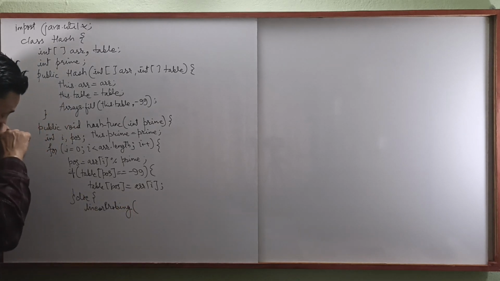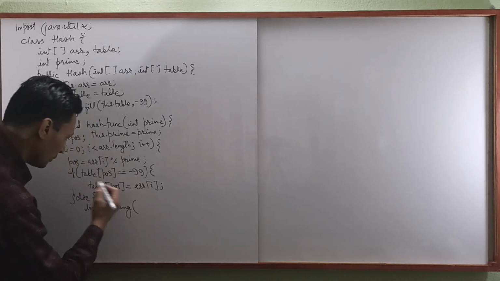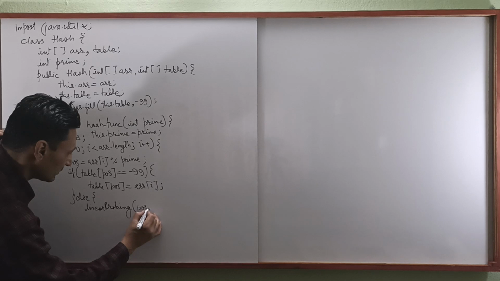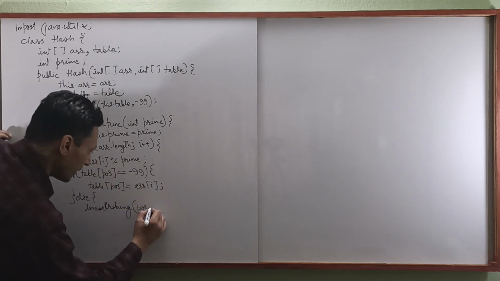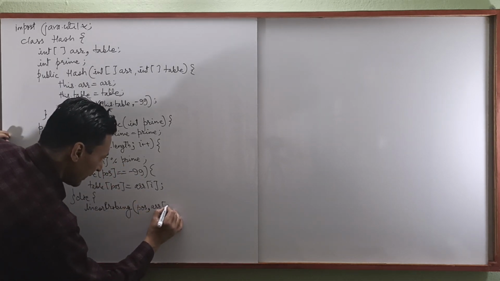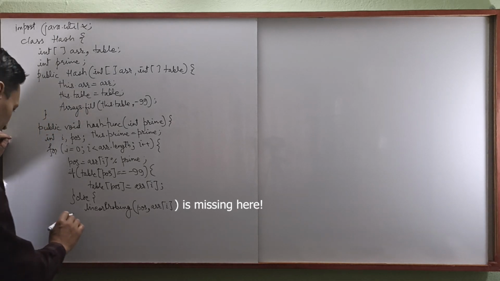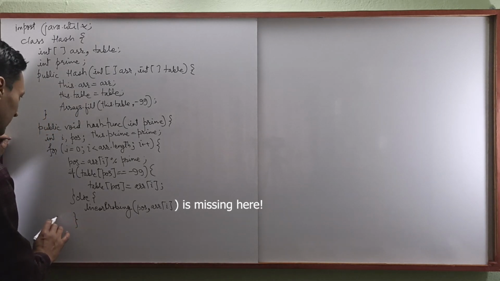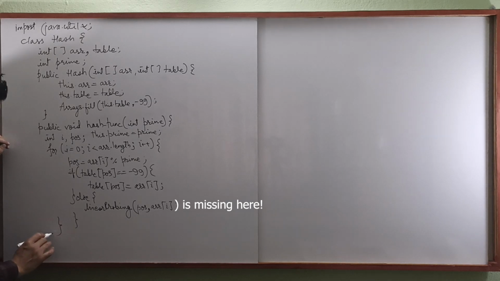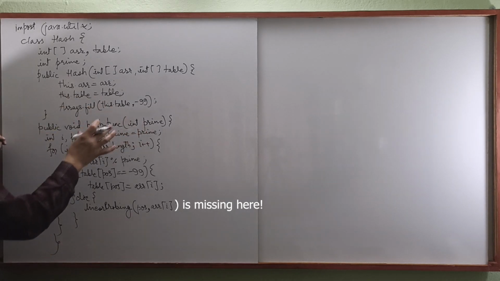Here I have to provide this position, then the element array[i]. That's it for this hash function method.